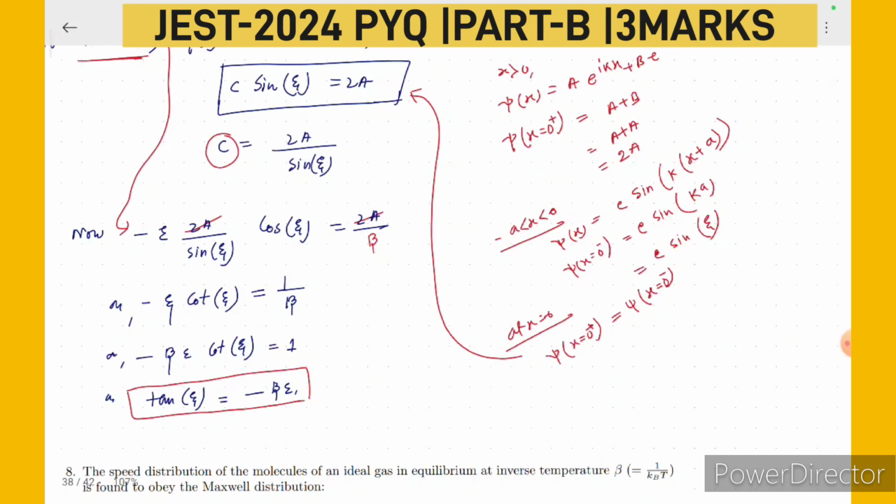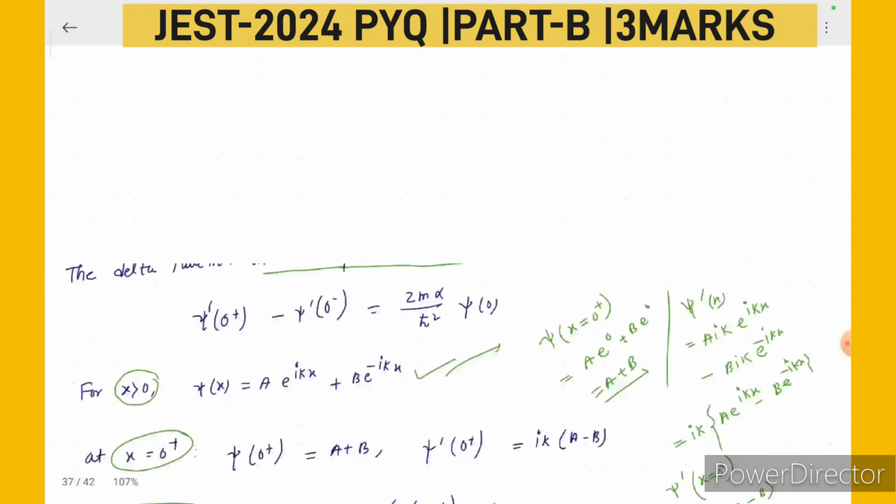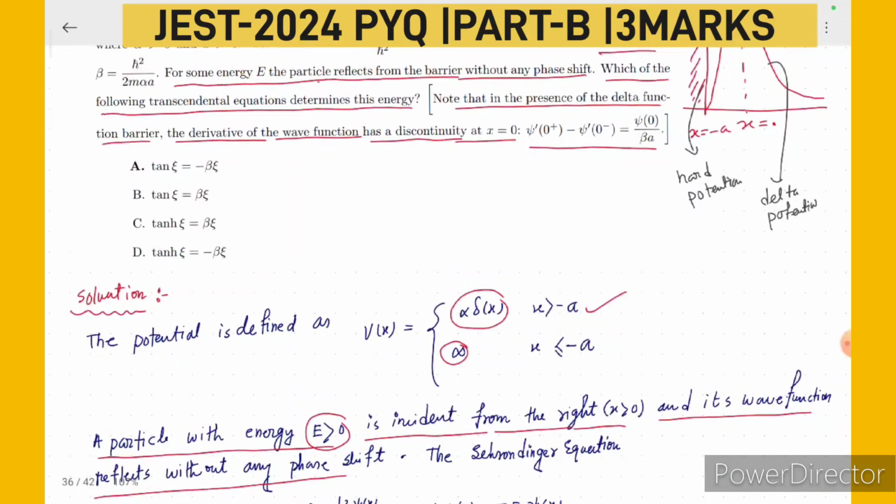The derivative is discontinuous and the wave function is continuous. At x equals 0, the derivative is discontinuous, and this discontinuity value is already mentioned in your question. Another boundary condition is that at x equals 0, the wave function must be continuous.